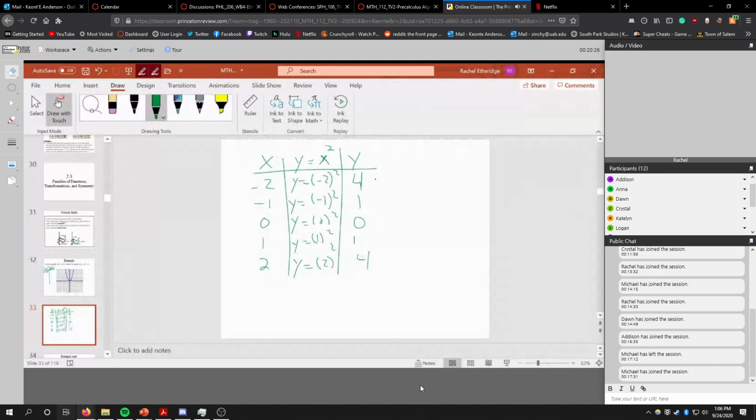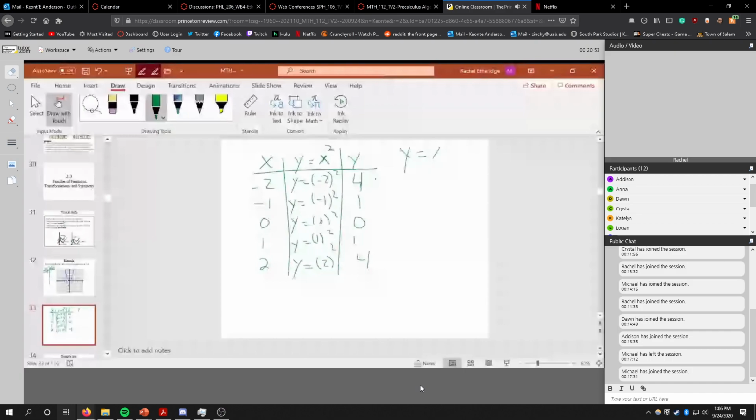So now let's go back to the previous slide. So I'm making a table. I've got these ordered pairs. My function says, and I'm going to go back to the other page. I just want to make sure everybody's got the table done. So I'm going to go ahead and write these. Y equals x squared.